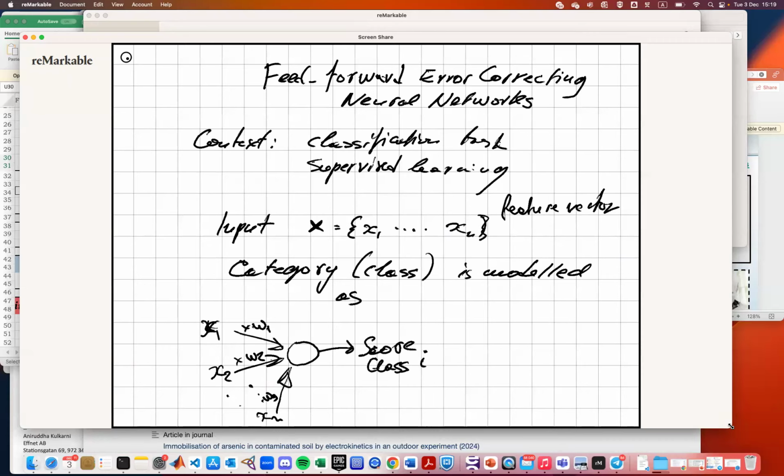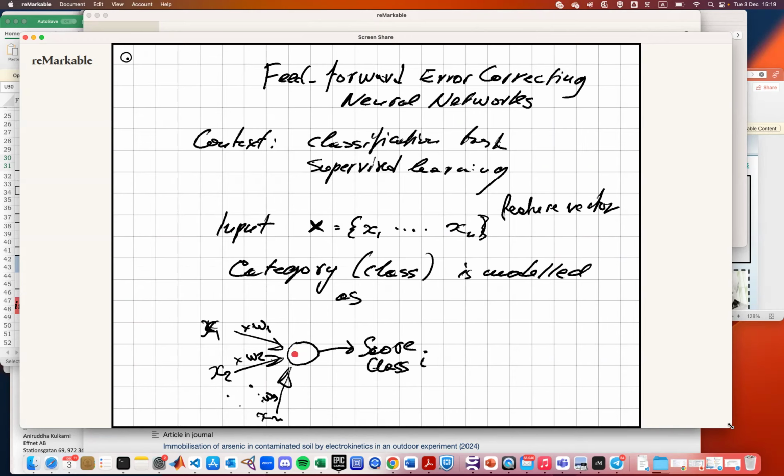In the machine learning context, artificial neural networks, this thing is usually called a neuron. But for us, it's important that we consider this as a computational element, where we compute a certain function.